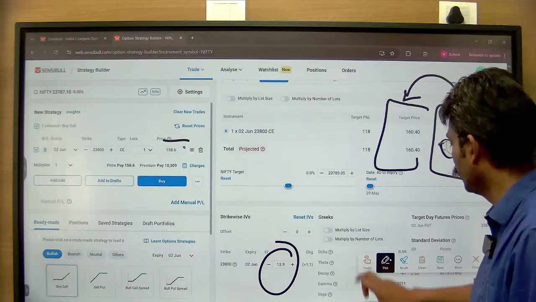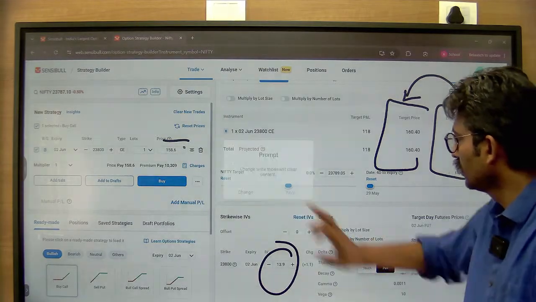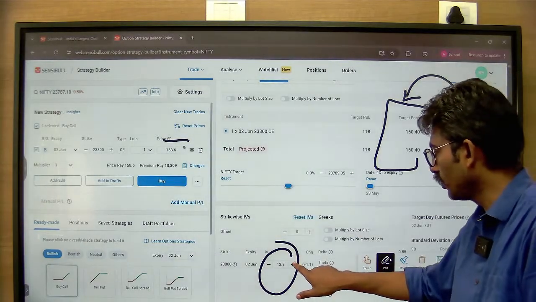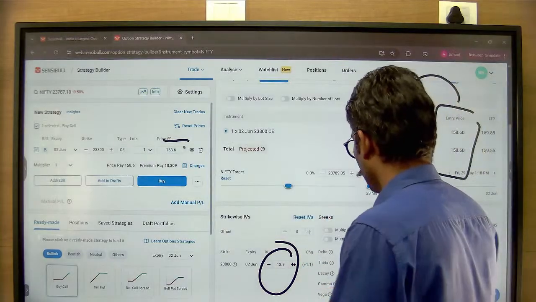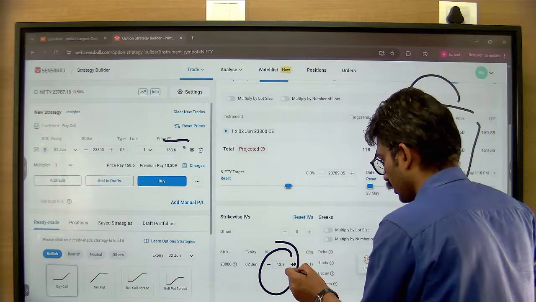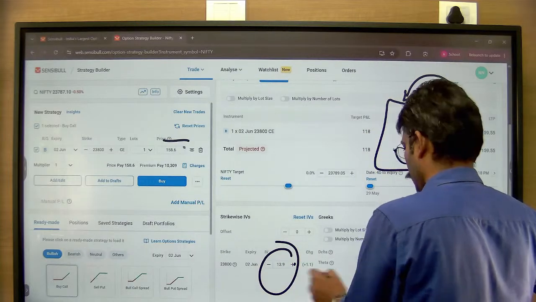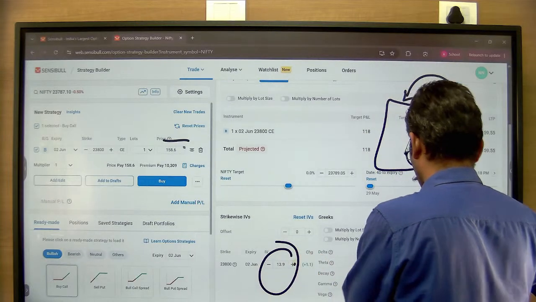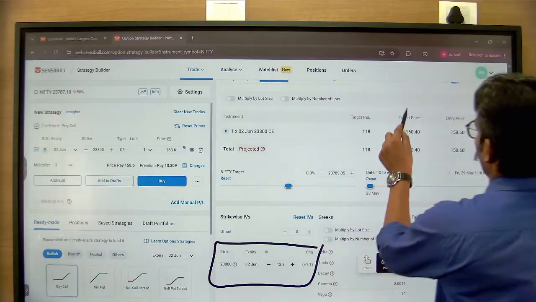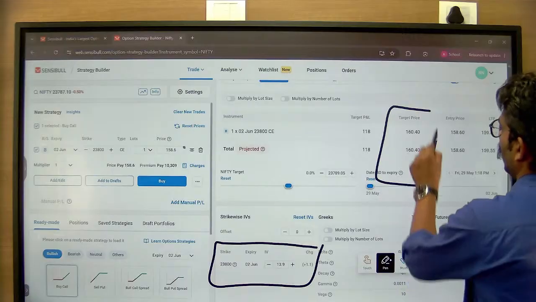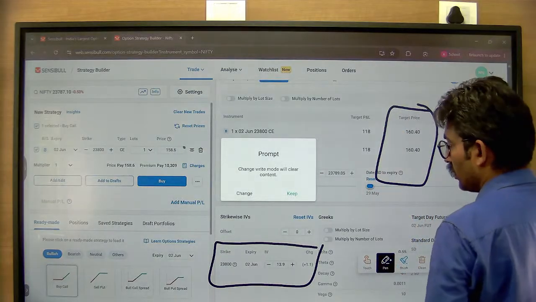Let me show this to you. Now let's see if I can do this. I just wanted to click here, check this one and check the target price.